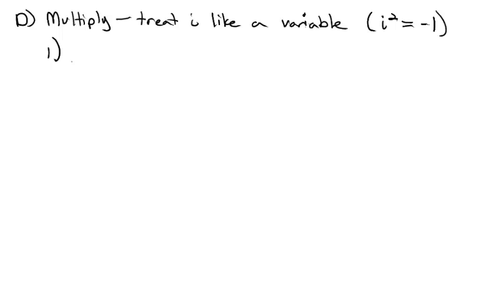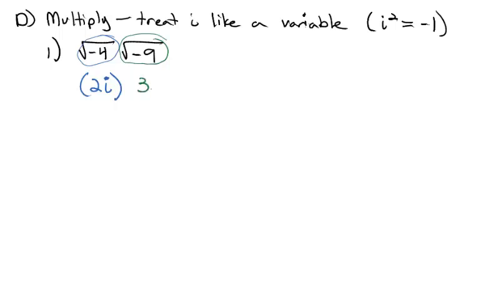So, going back to our radical examples, if we had the square root of negative 4 times the square root of negative 9, if we were to simplify this, the first radical, the square root of negative 4, the square root of 4 is 2, and the square root of the negative 1 is i. As we simplify the square root of negative 9, the square root of 9 is 3, and the square root of the negative 1 is i.